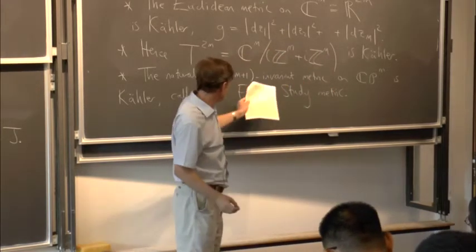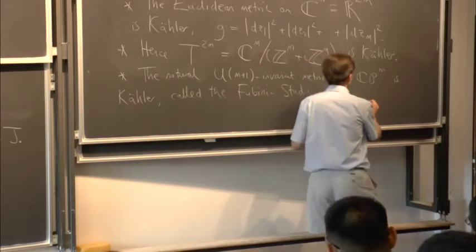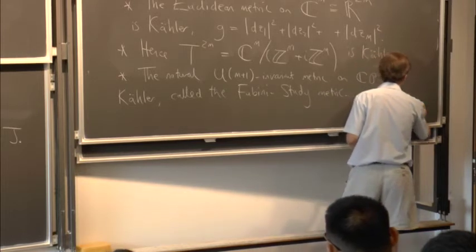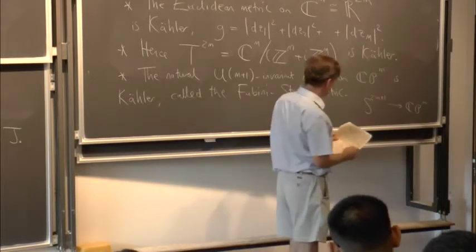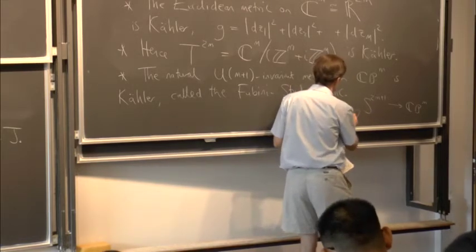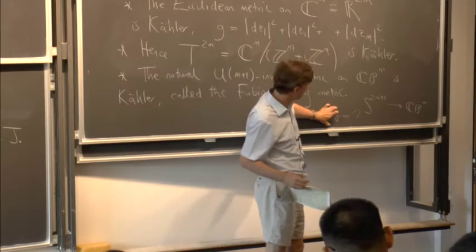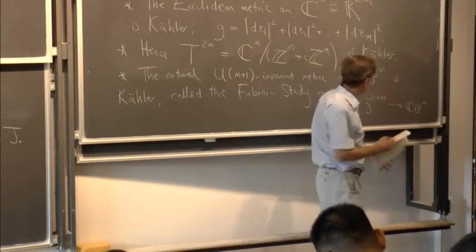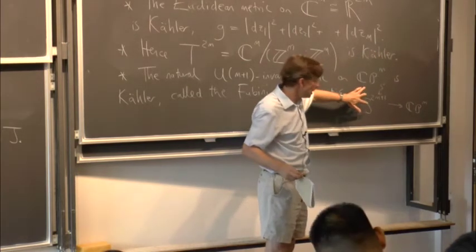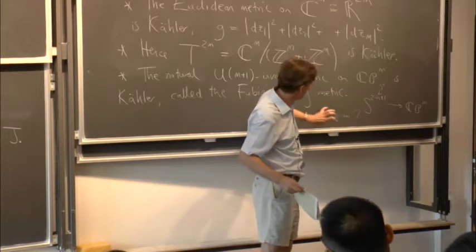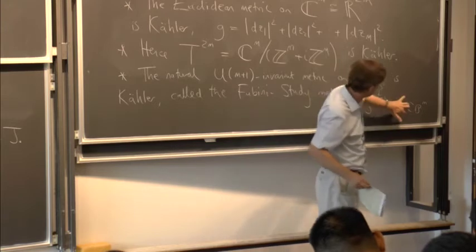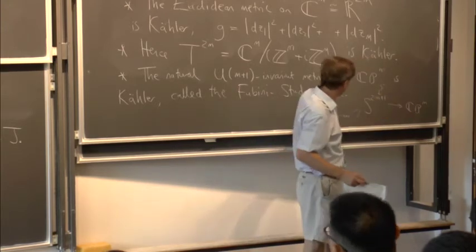You can achieve this by thinking about the unit sphere inside C^(n+1), which has a natural projection down to CP^n with fibre S^1. On S^(2n+1) there's the round metric given by restricting the Euclidean metric, and there's a way of inducing a metric on the base by the Riemannian submersion construction.